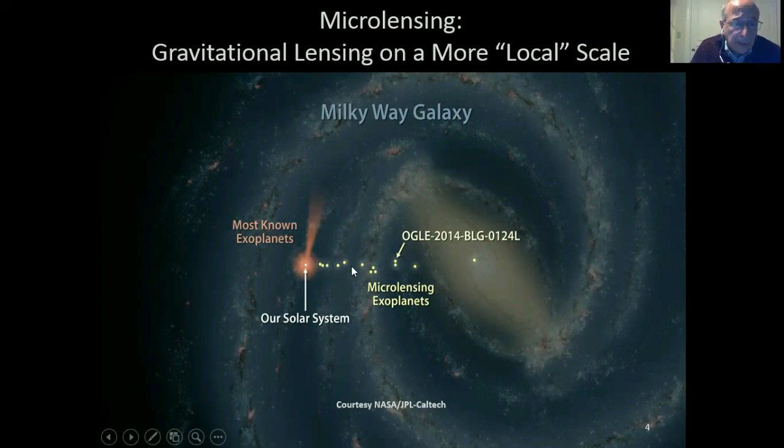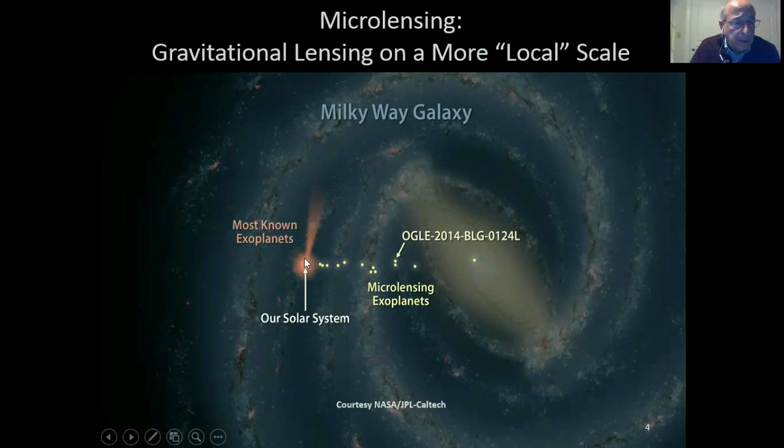So these microlensing events that we see here in various arms of the Milky Way galaxy are lenses effectively of background stars. But it's these systems here that in fact are the ones that have either binary stars or exoplanets orbiting them. So unlike on a cosmological scale where galaxies are lensing galaxies, what we're talking about here are stars that are lensing other stars. And again, we're mostly looking towards the center of the Milky Way.